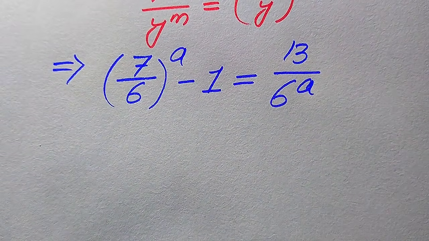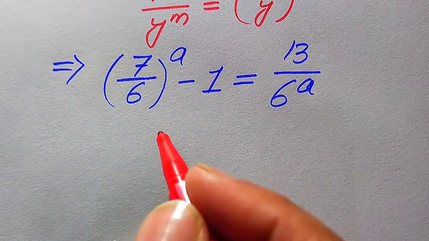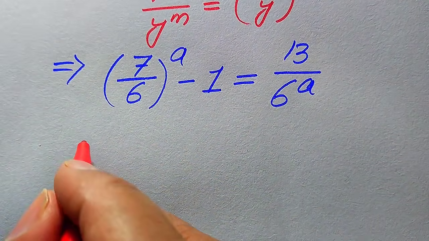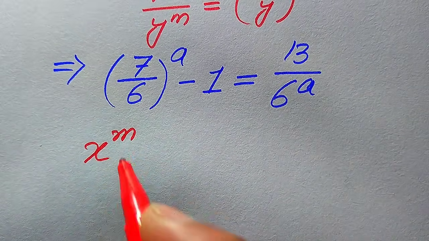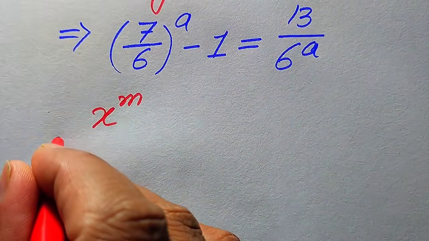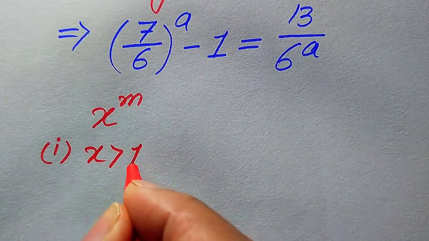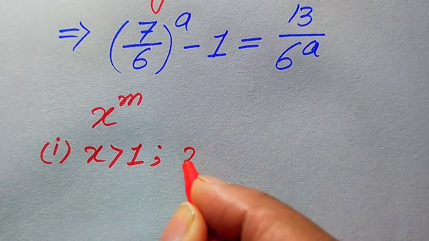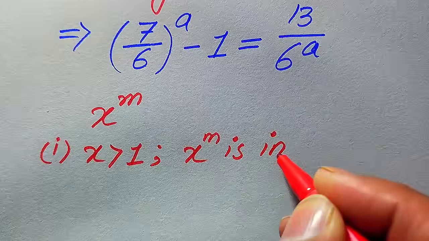Now in order to move further, I can explain a nice fact which is helpful to solve this problem. If we have x to the power of m, there are two possible cases. If x is greater than 1, then we say that x to the power of m is an increasing function.